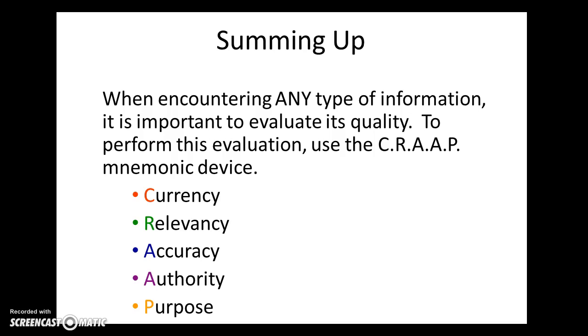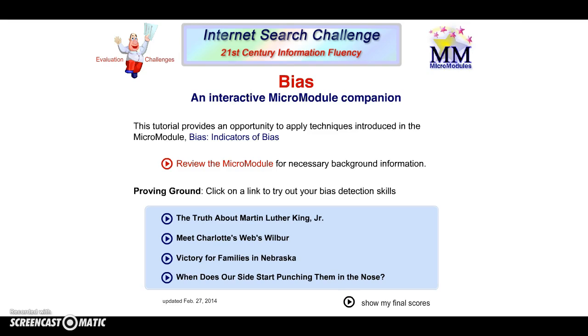In summary, when encountering any type of information, it is important to evaluate its quality. To perform this evaluation, you can use the CRAAP mnemonic device. We will now practice what we've learned using the 21st Century Information Fluency website.